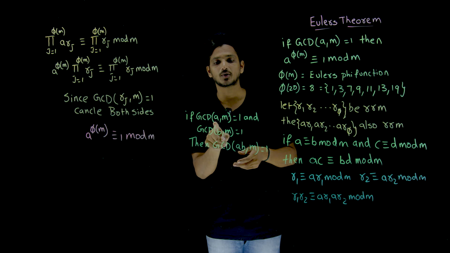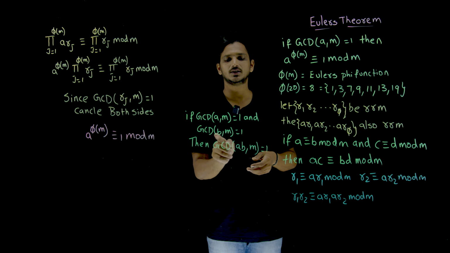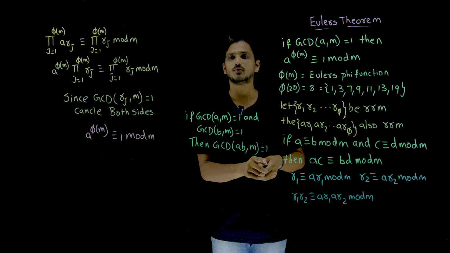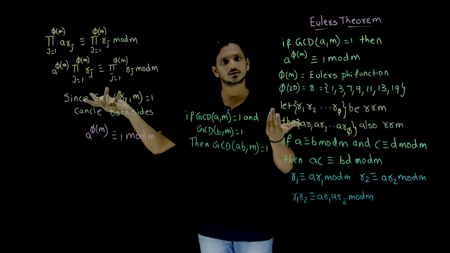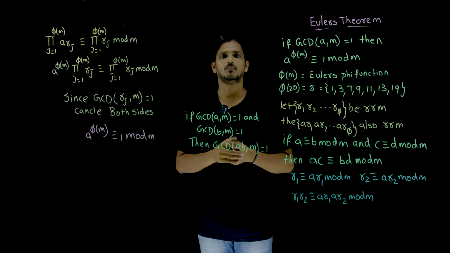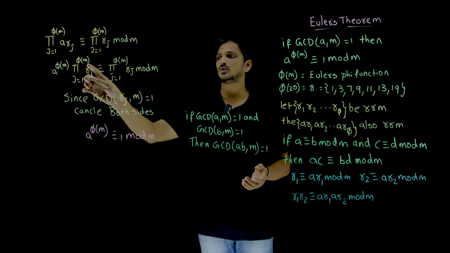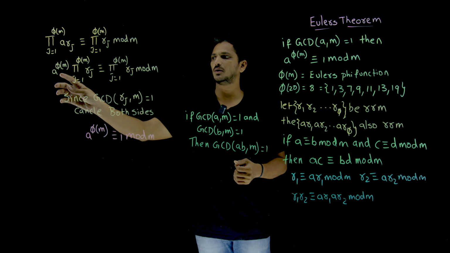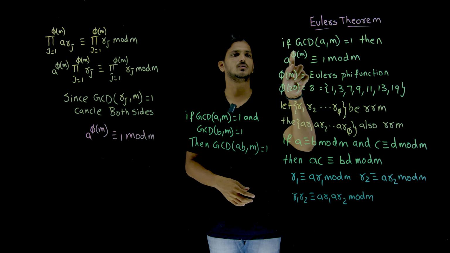Why? Because from the property of GCD, if GCD of A comma m is equal to 1 and GCD of B comma m is equal to 1, then GCD of AB comma m is equal to 1. All Rj's GCD values are the same, 1. Multiplying them, you are going to get GCD value 1. So that's why you can cancel both sides. If you cancel this, A power phi m equal to 1 mod m. This is what we needed to show.